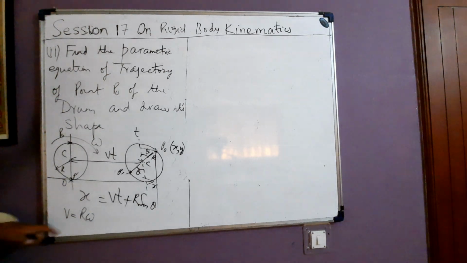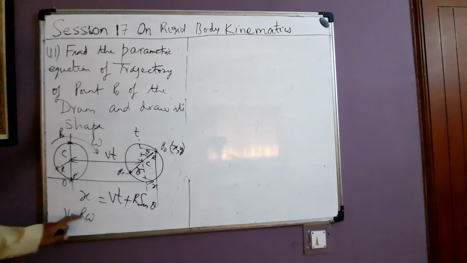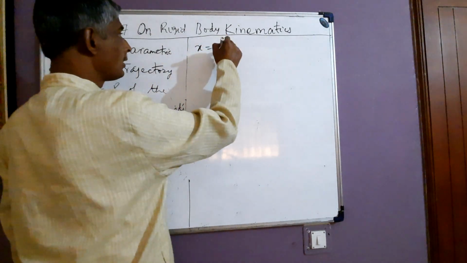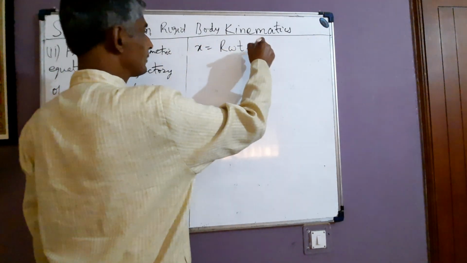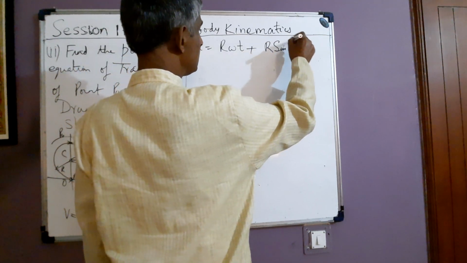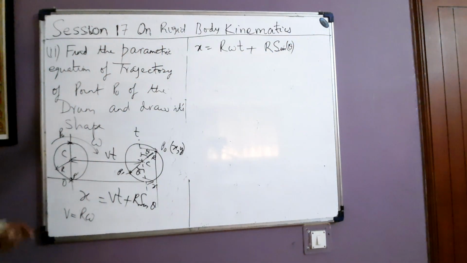V is equal to r omega. So we just replace V by r omega here. So x equals r omega t plus r sin theta.